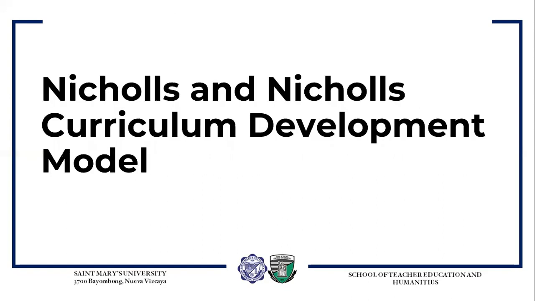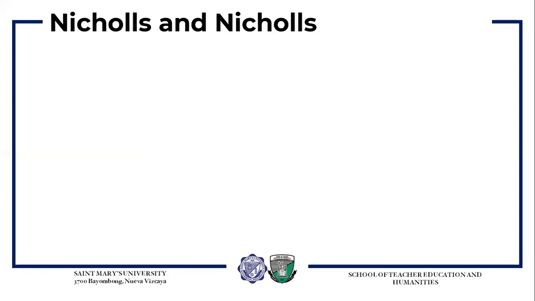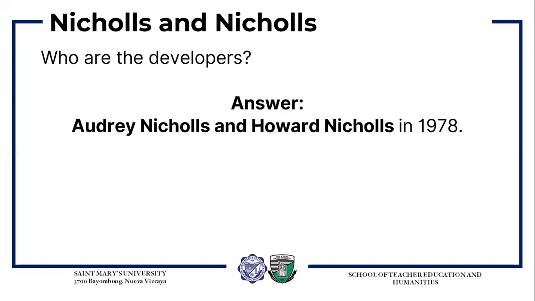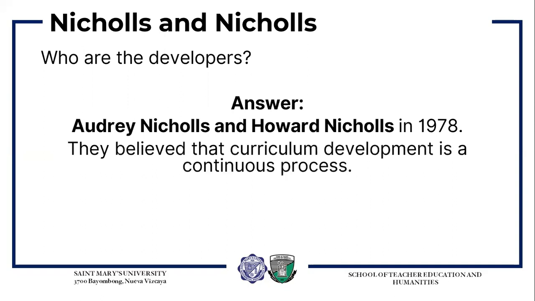So the first cyclical curriculum development model that we have is the Nicholls curriculum development model. And who are the developers of this model? The developers are Audrey Nicholls and Howard Nicholls in 1978. According to them, they believed that curriculum development is a continuous process.